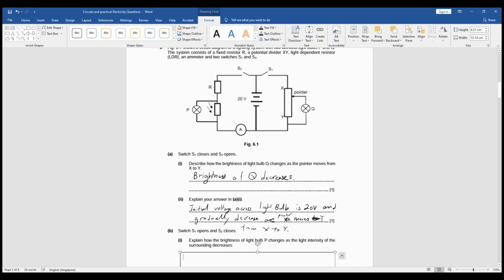Okay, wait, I think now I see more clearly. Brightness of Q decreases to zero. Because by the time this resistance comes to here, there will become a short circuit. It will not flow through a light bulb anymore, it will flow right through.